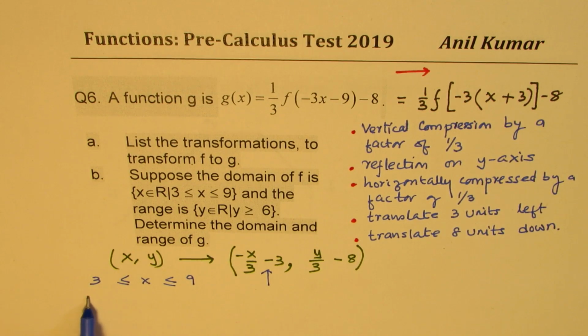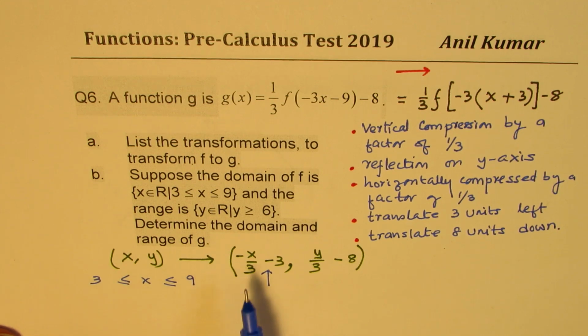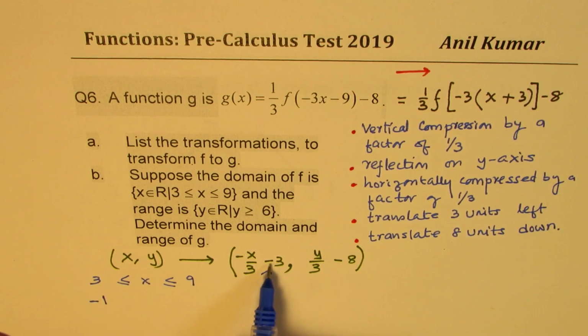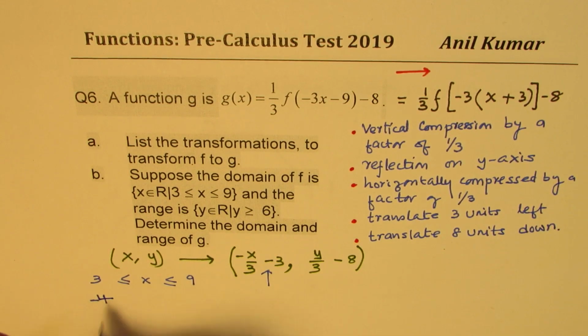So what we have to do here is each point, which is 3, will make it negative and then divide by 3, correct? So if I divide by 3, it changes to 1 and negative means it is minus 1. Is it okay? So when I divide by 3, it becomes minus 1, and when I do minus 1 minus 3, it becomes minus 4, more negative, moving left.